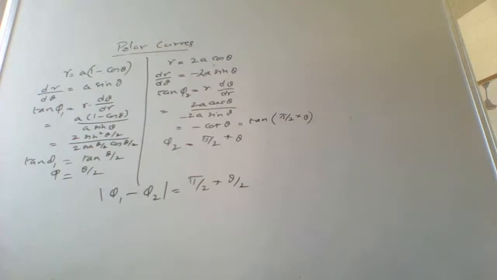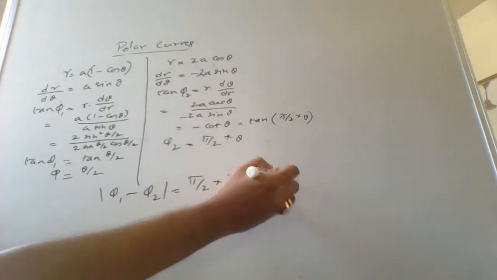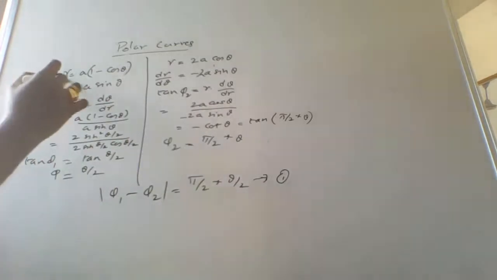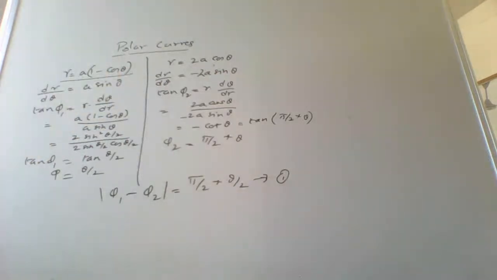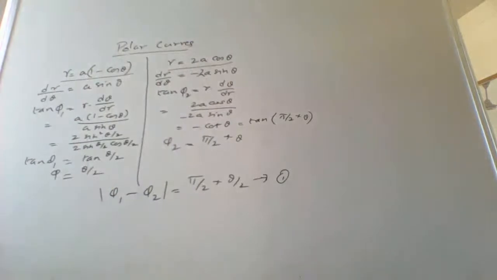Now further, if I try to solve this, I keep this result as one. Now the point of intersection of the given curves: we have r is equal to a times 1 minus cos theta and r is equal to 2a cos theta.